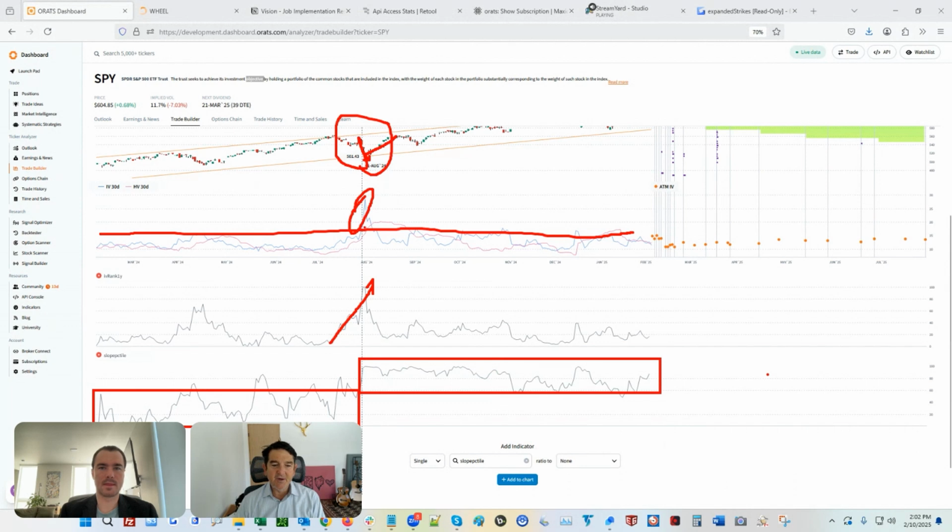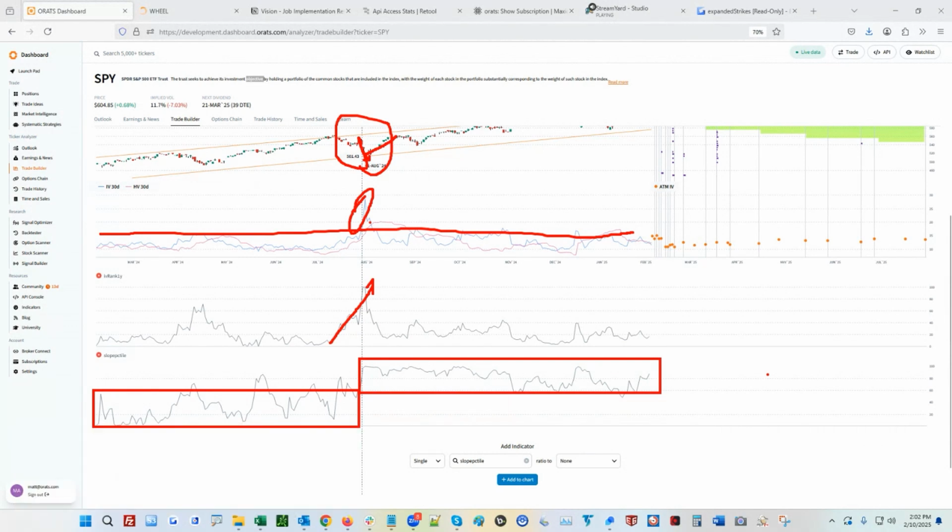I thought this was interesting, Tyler. Since that August problem that took traders by surprise, it was quite a shock, you could see the slope percentile has just gone up and stayed up, whereas before it was a lot lower.